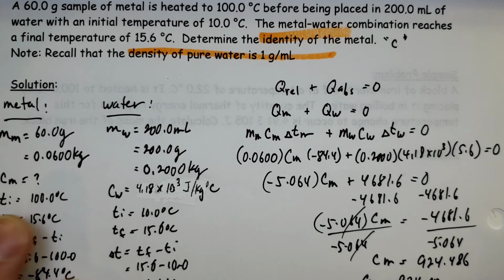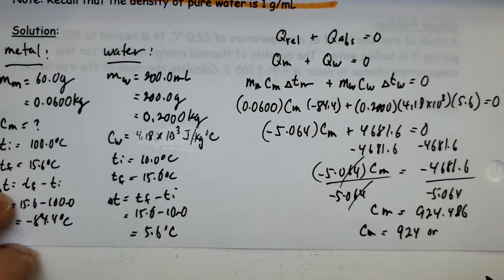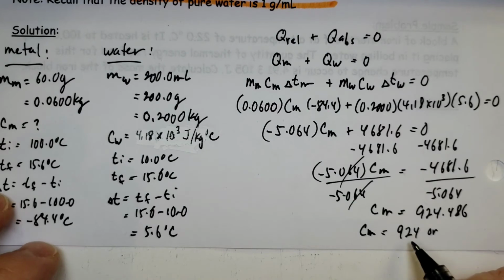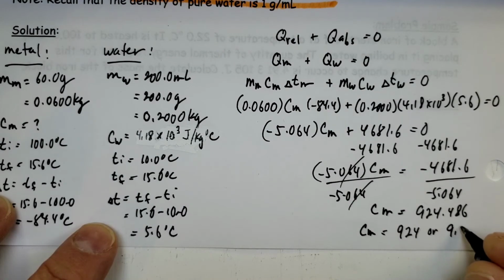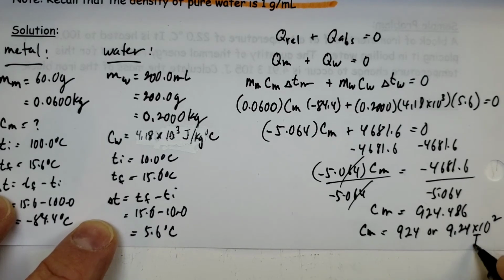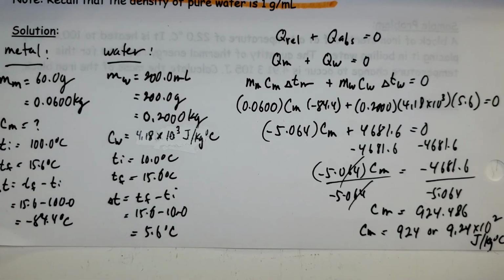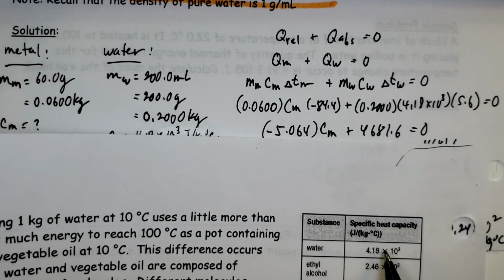Or if I put this in scientific notation, which is what they are on the table, place the decimal 2 places to the right. So 9.24 times 10 to the 2 joules per kilogram degrees C. Then if I look at my table, does anything match up with 924 or 9.24 times 10 to the 2?